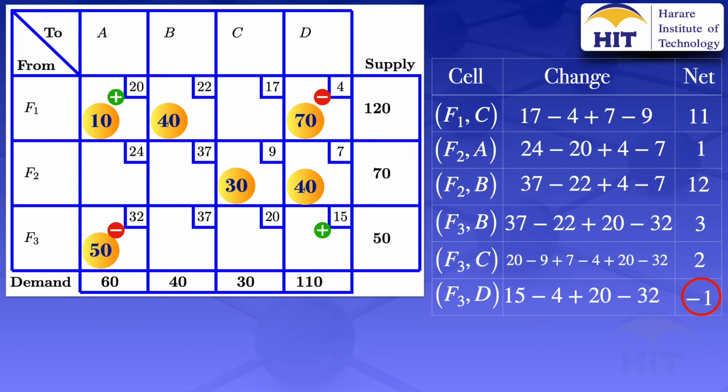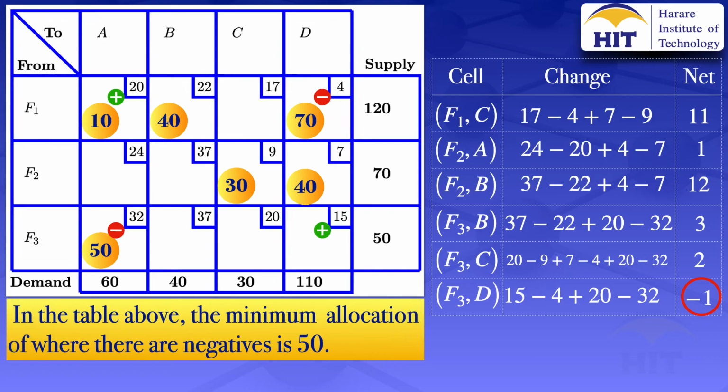So we had the negatives on the 50 and the 70. So we take the minimum of the 50 and the 70. That is the amount that we have to allocate in F3D. That minimum is 50.